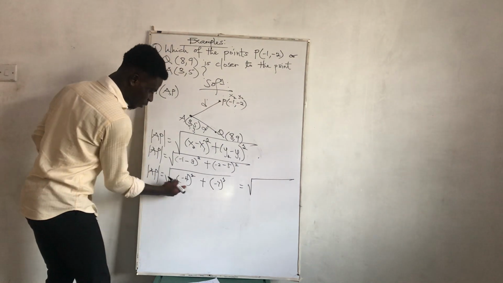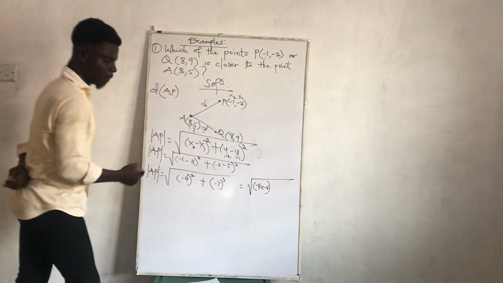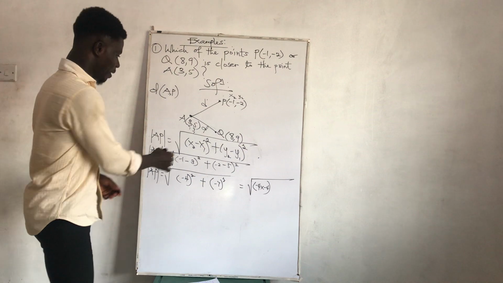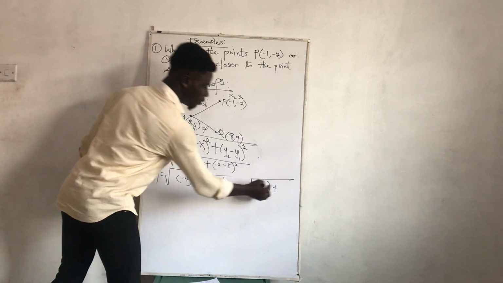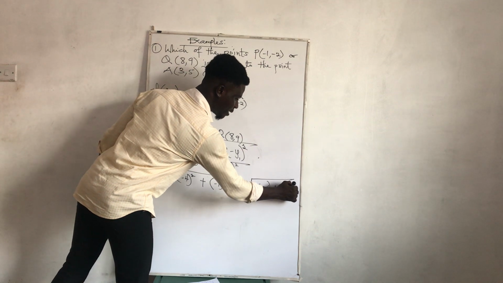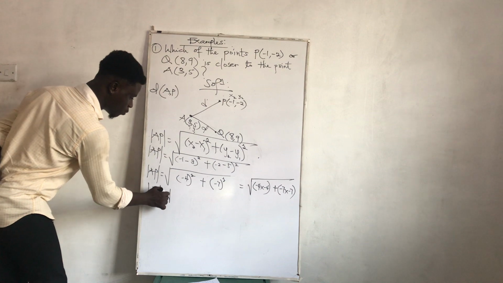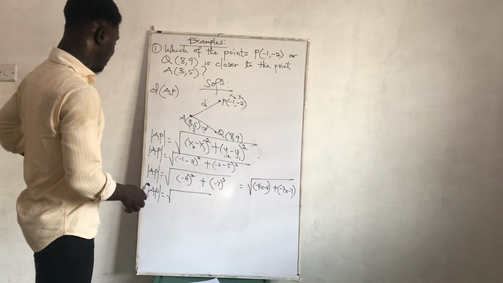So you can still write it as -4 times -4. Then plus, the same thing applies to -7, so I'll get -7 times -7. So the length of AP must be equal to -4 times -4, which gives us 16.